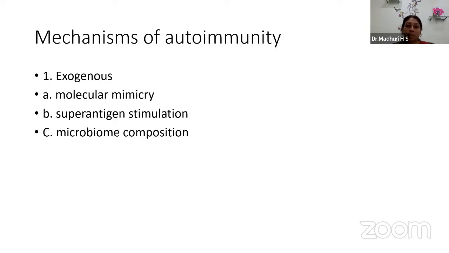Here, the group A streptococcus has certain molecular components which are very similar to the myosin which is present on the heart cells. So here the body attacks the bacteria and the myosin both, because they cannot differentiate which is what, based on the molecular similarity. Then there is something called superantigen stimulation. What is a superantigen?